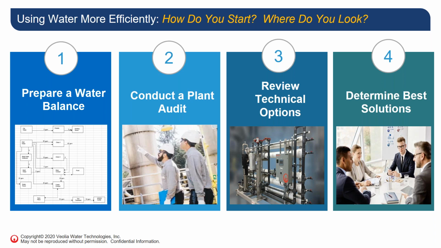Now, this is taking your water balance and literally going to each unit of operation in your plant and going through a thorough analysis of how that water is being used, how much of it's being used, what the quality of that water is that's being used, how efficiently it's being used in that operation, and what type of waste it's generating.